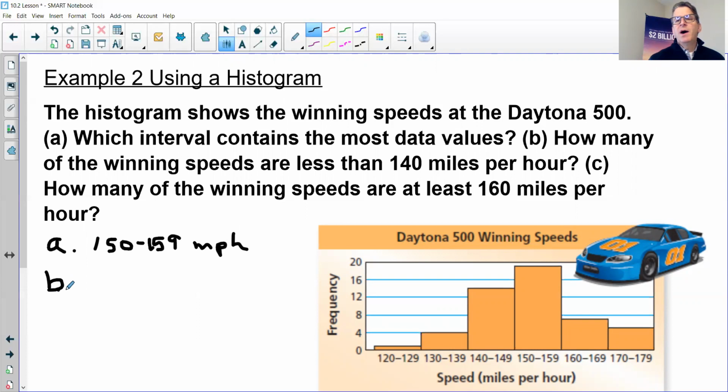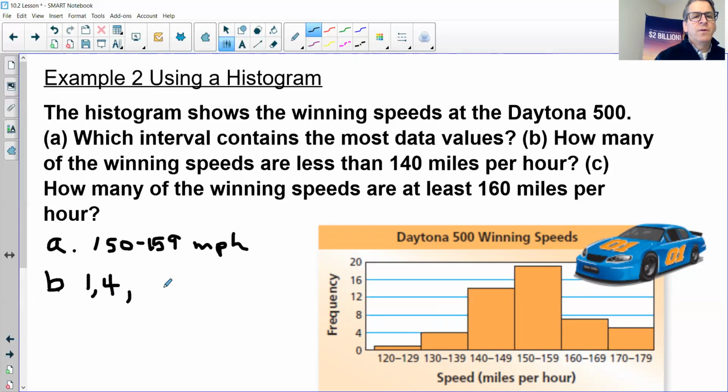Letter B, how many of the winning speeds are less than 140 miles per hour? So we're looking for the winning speed. I see that between less than 140 miles an hour, what we have there is 1 between 120 and 129, and 4 between 130 and 139.